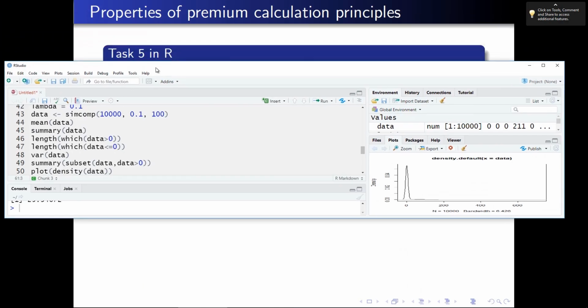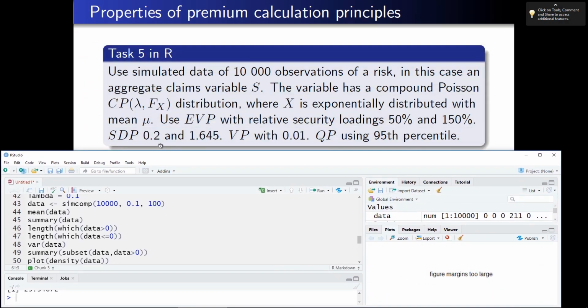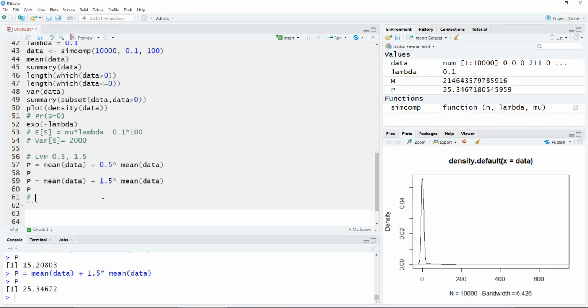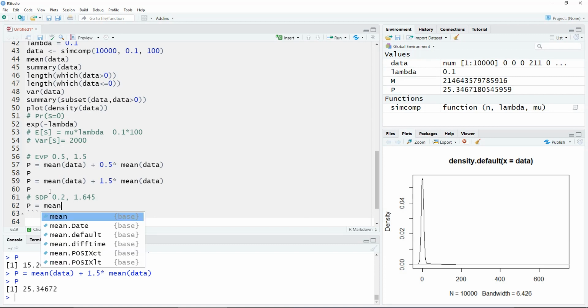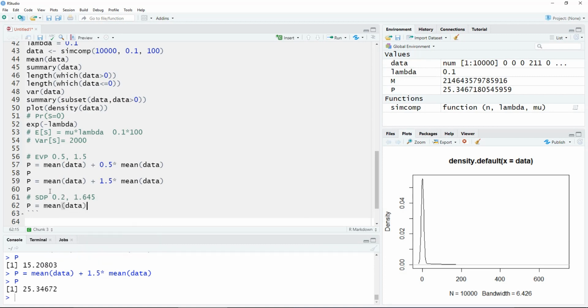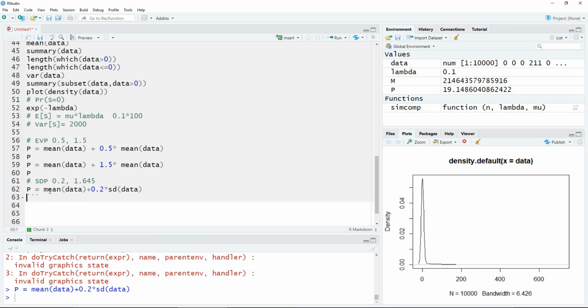The second principle we need to use is the SDP, with 0.2 and 1.645. So SDP. How to implement? We also will use this mean of data plus 0.2 times standard deviation of our data.